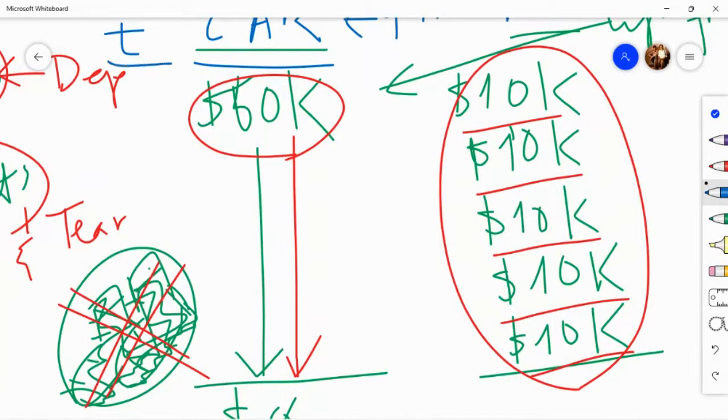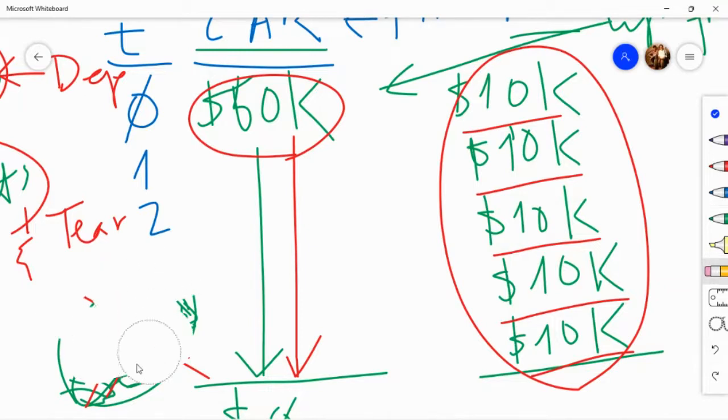Let's think about the timeline. At time zero, right? 1, 2, 3. Now you don't need this anymore, right?